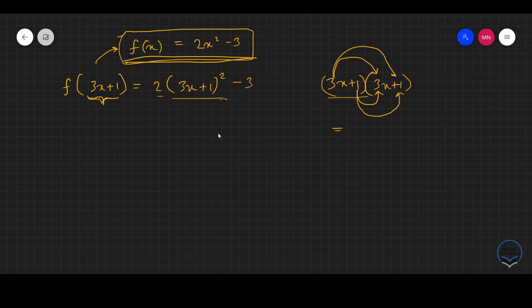So doing this, we have 3x times 3x plus 3x times 1 plus 1 times 3x plus 1 times 1. Right, that is it. So this is 9x squared plus 3x plus 3x plus 1, which is just 9x squared plus 6x plus 1.